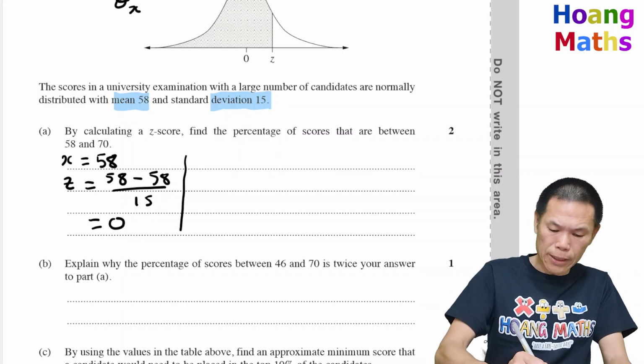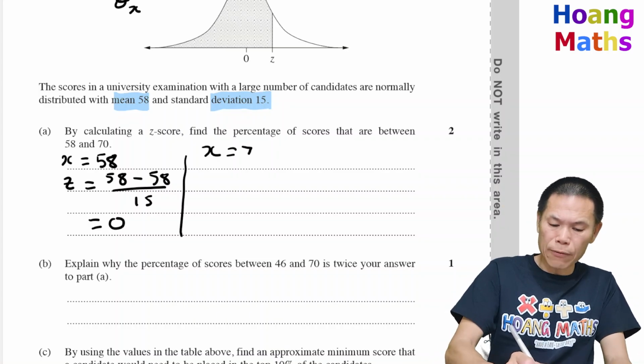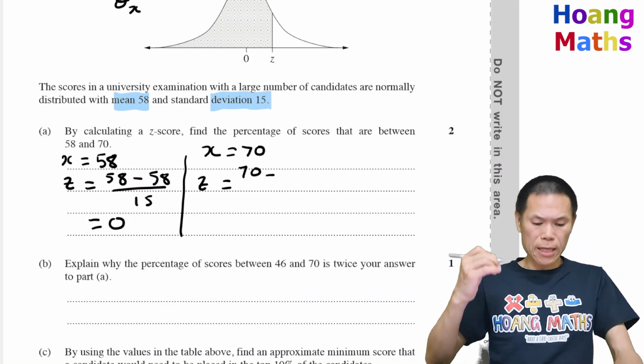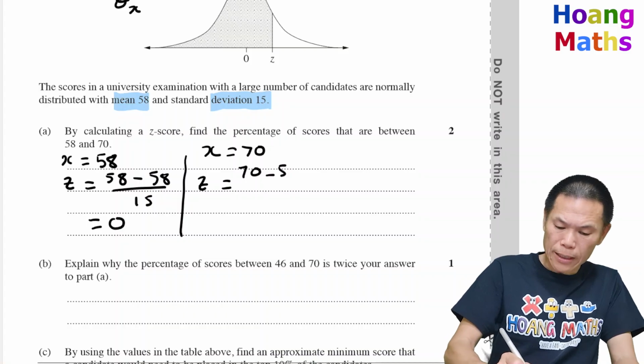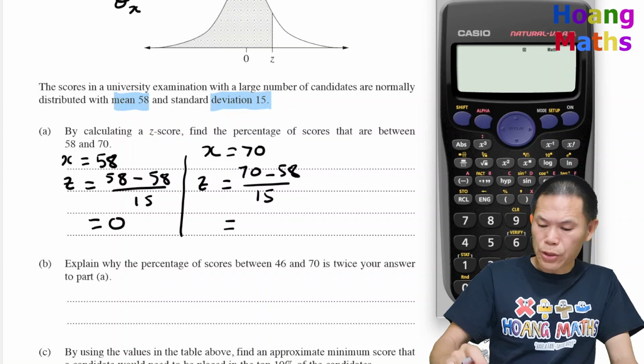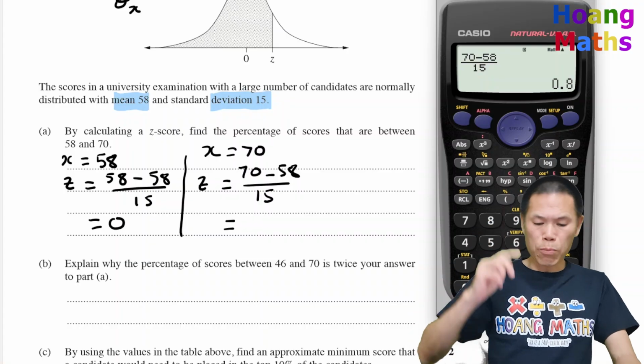For x equal to 70, z is equal to 70 minus the mean, that is 58, divided by the standard deviation, that is 15, which is equal to 70 minus 58 divided by 15. So there you go, 0.8.